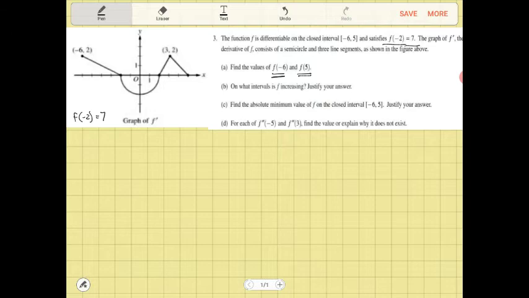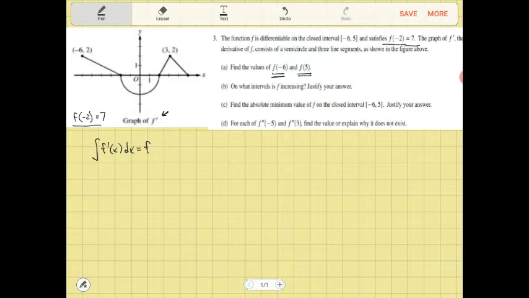So how do we go from the derivative, f prime, which is the function shown here, to the actual function itself? What can we do to the derivative to get the function? Is there a way to undo the derivative? Yes, there is. That's the antiderivative, the integral of a function.